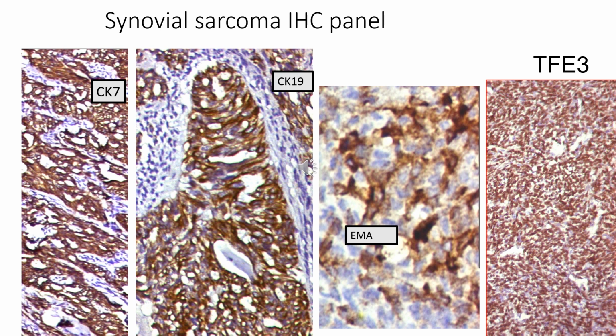But a more specific marker is this TLE1, which is seen in synovial sarcomas. So to make a diagnosis of a single tumor, very often it's not just about using one stain and saying this is positive, so okay, that is a diagnosis. You often need to use a panel of IHC stains to substantiate the diagnosis.